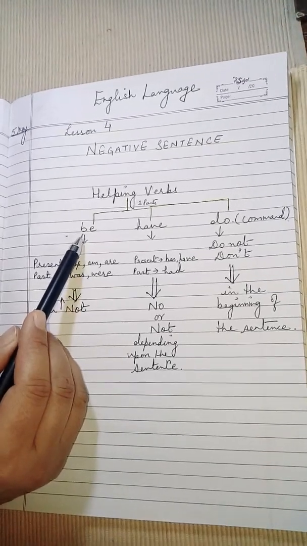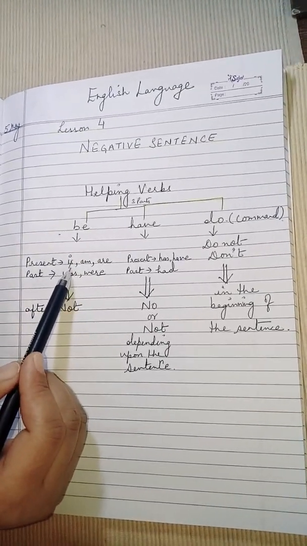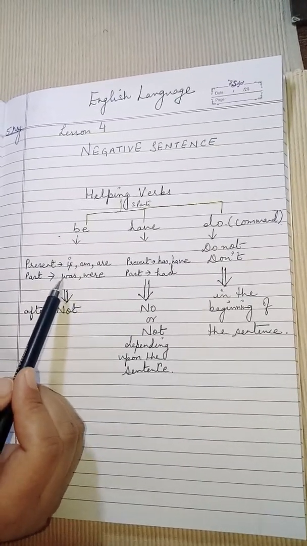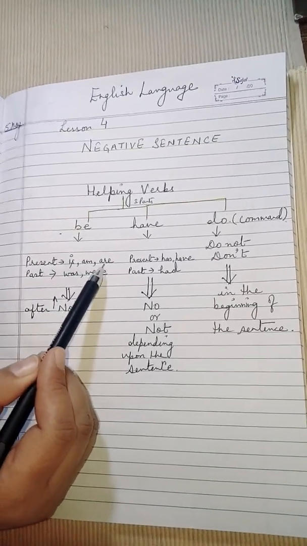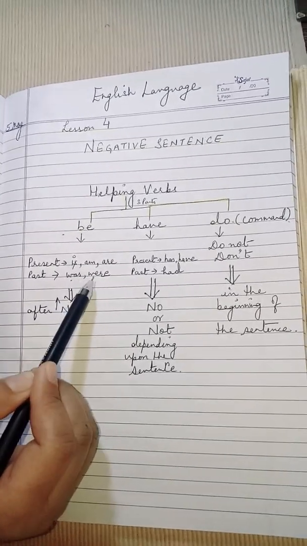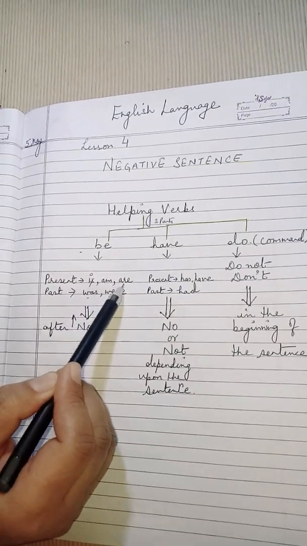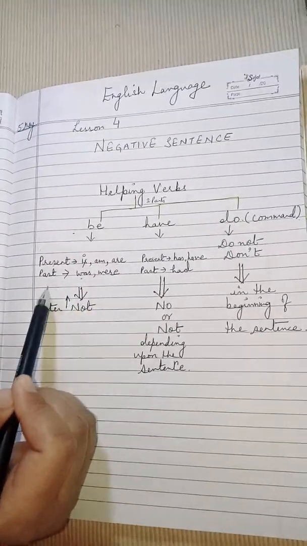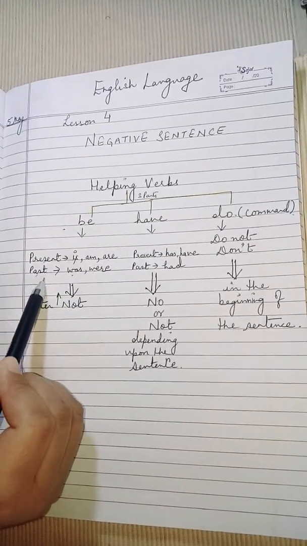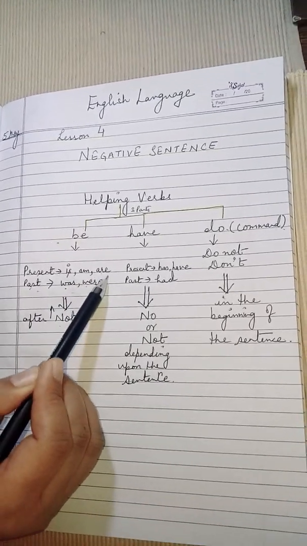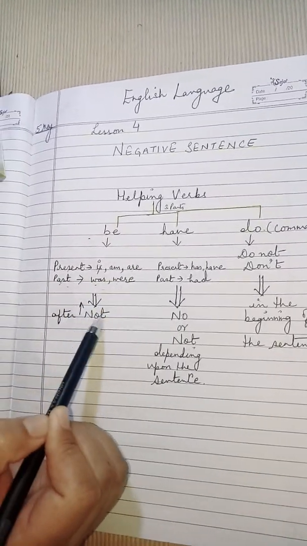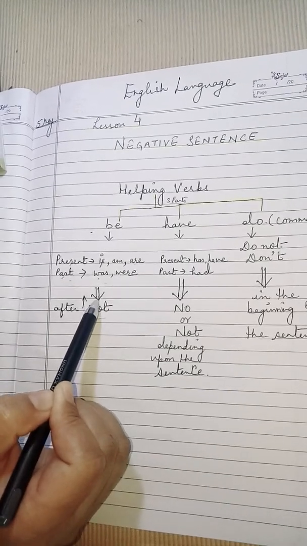Children, in be form, you are going to put not after is, am, are and was and were. Is, am, are is present, was, were are past. So you are going to use not after these five words.